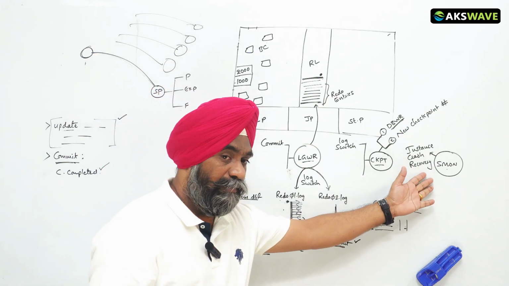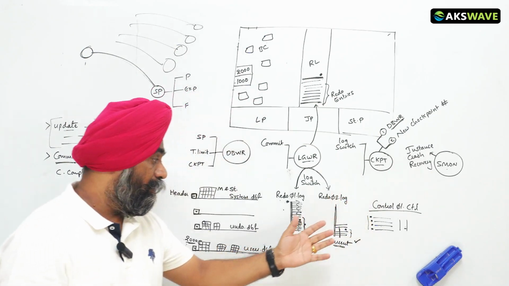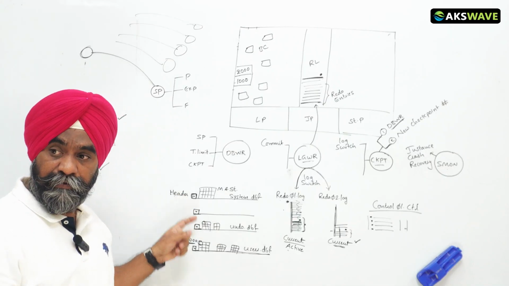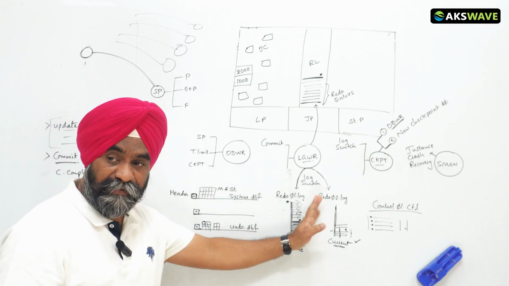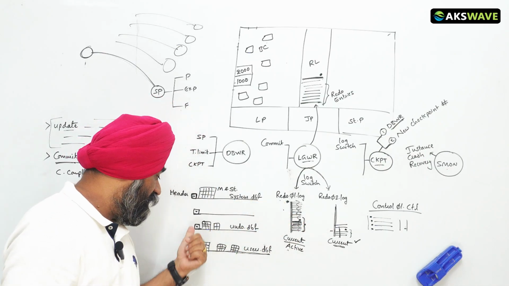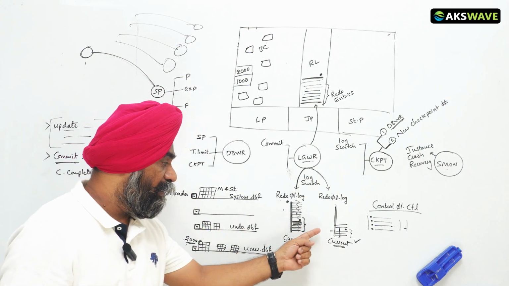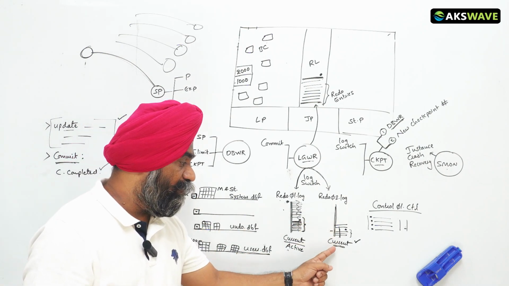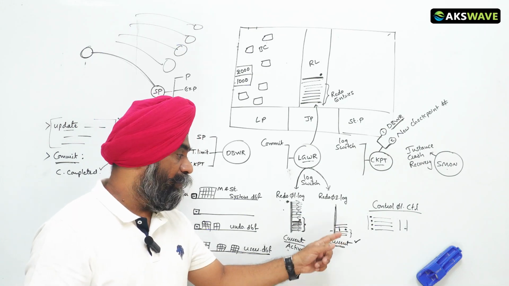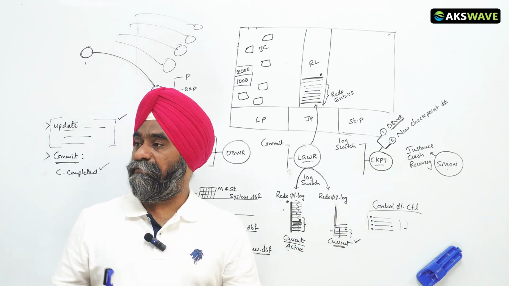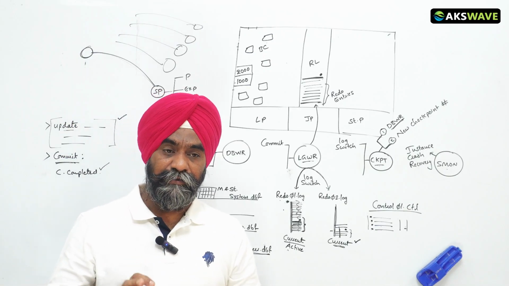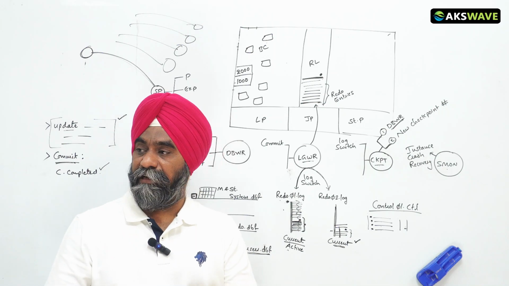How? SMON, control file, data file headers, checkpoint, consistency check. And if any transactions are done after these checkpoints, they will mostly be in the current one. If it finds any, then it is going to redo all those transactions, going through the current redo log file.